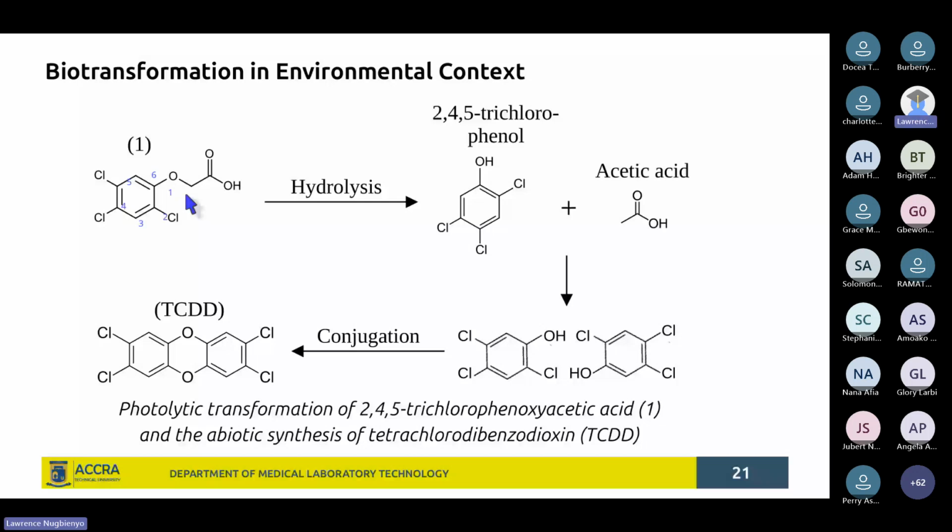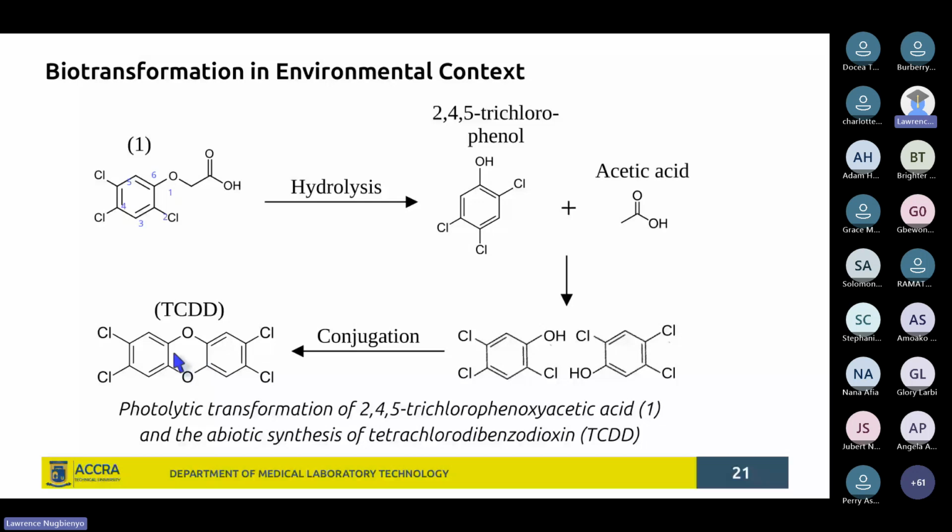it undergoes this biotransformation in the environment, undergoing a hydrolytic process. And you see the acetic group here breaks away from it to give an acetic acid, and you are left with 2,4,5-trichlorophenol. And this 2,4,5-trichlorophenol can then get conjugated, two of them, to form some dioxins, which is the tetrachlorodibenzodioxin.